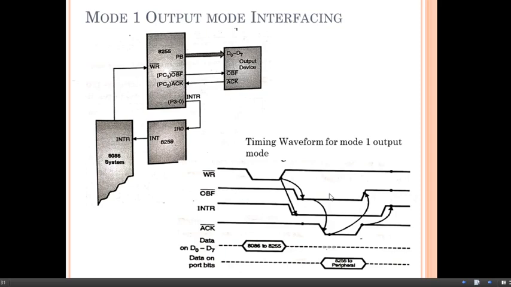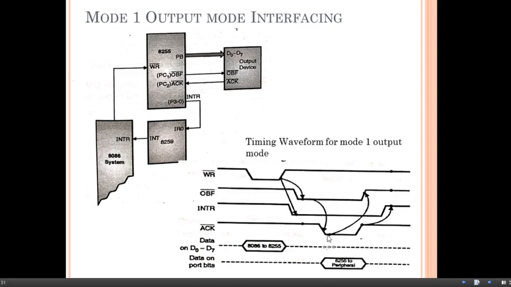When this OBF bar signal is activated and received by the peripheral device, in response the acknowledgement signal is generated, which is active low. At the same time, the write bar signal is activated. When this write bar signal is activated, it will activate OBF as well as INTR, and in response to OBF, the acknowledgement signal is generated.